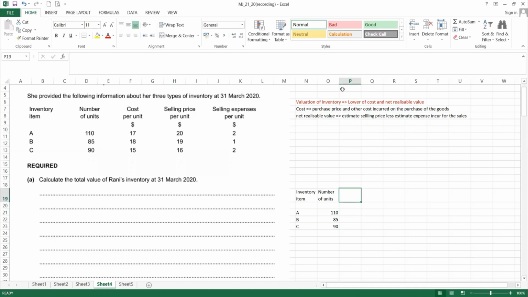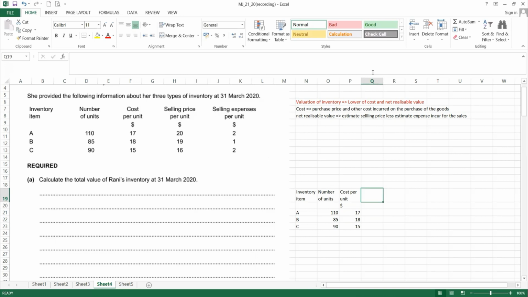Okay, cost per unit. Here they don't have any other additional costs for the purchase of the goods. So cost per unit, just put it down first. Later on we check: 17, 18, and then 15. No additional cost. But come to the selling price and the selling expenses.